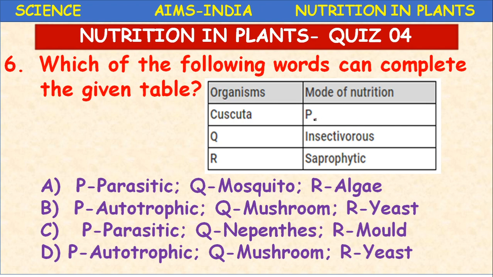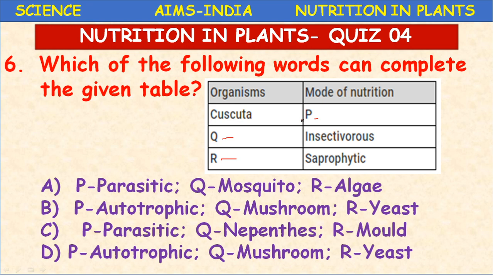What is P and what is Q and what is R? Okay. Here Cuscuta, example what? Means what is the mode of nutrition here? Here mode of nutrition is given, and Q and R, what are the organism examples? Okay.